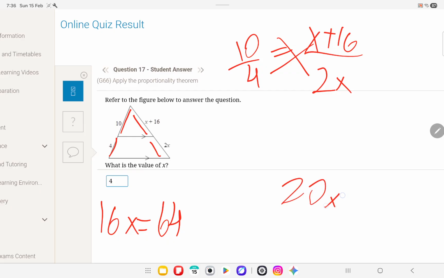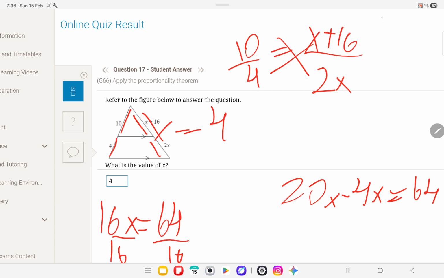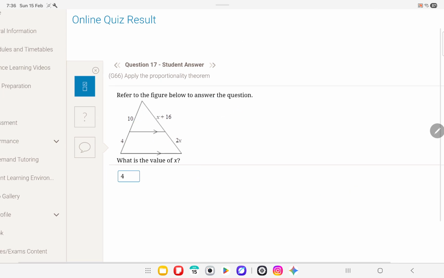Here it's 20x minus 4x equals 64. 16x equals 64. Divide by 16, divide by 16. It'll be x is equal to 4. That's it. So what we did is short over short is equal to short over short, cross multiplication, and then simplify.